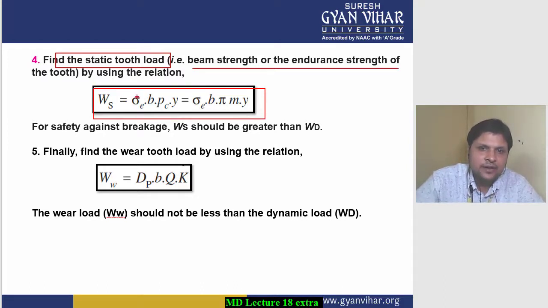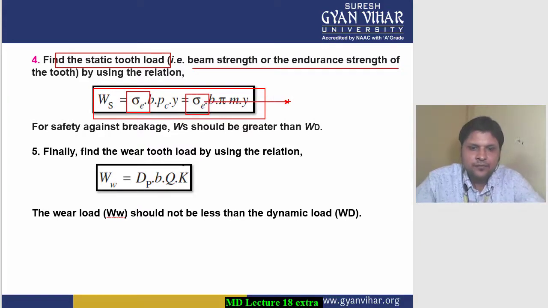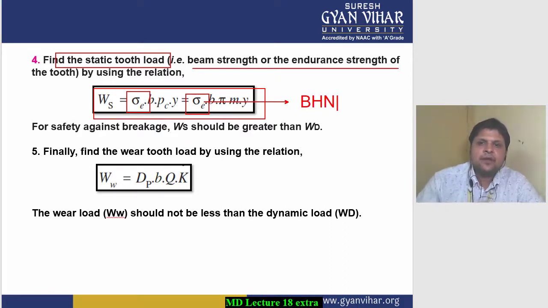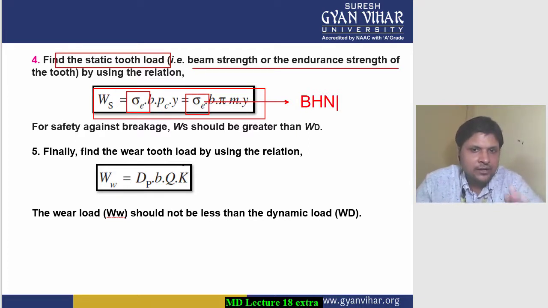The only difference is that in place of sigma w working stress, you will write the endurance stress value. As I have told you, this endurance stress value can be calculated if we know the Brinell hardness number. On the basis of Brinell hardness number, we can calculate the value of endurance limit, and we will put it in this formula and calculate the value of static tooth load.